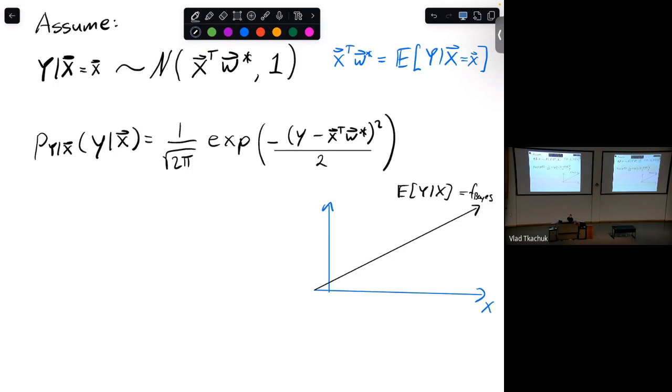And that's going to be encoded as follows, which is we're going to assume that these parameters, which are vectors, and we're going to say each one of their indices, so each wj, is normally distributed with mean 0. So we think the parameters are no more likely to be positive or negative and maybe on average 0.